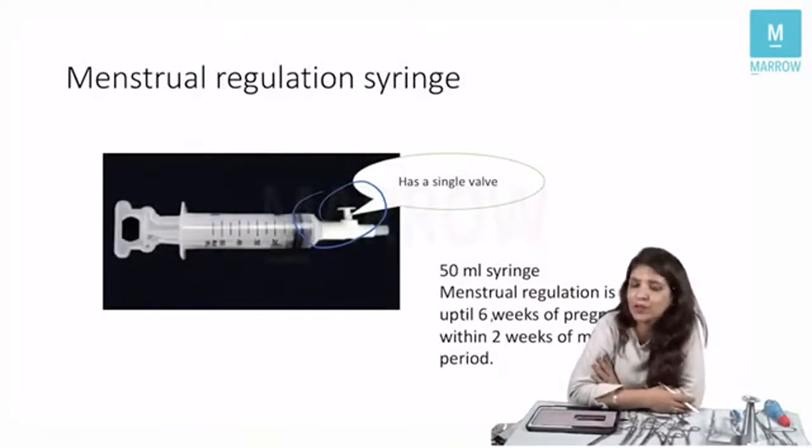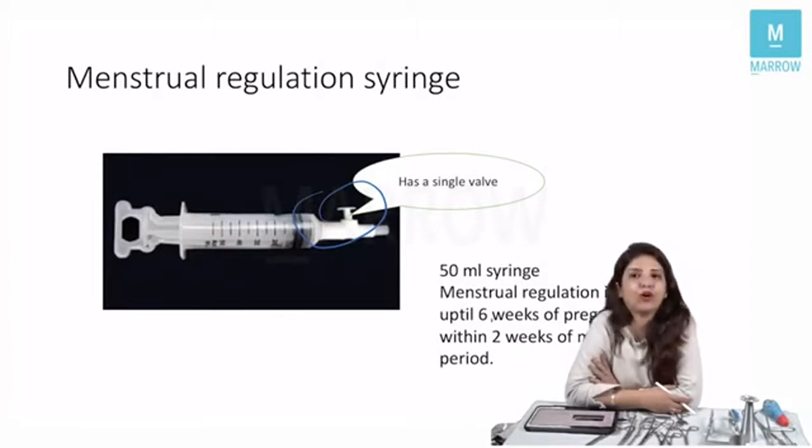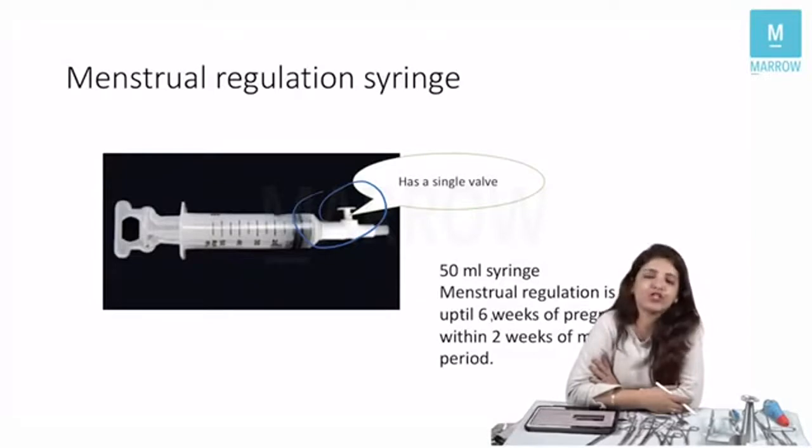Next important question: what is the capacity of this syringe? The capacity of this syringe is 50 ml. Of the manual vacuum aspiration syringe, the capacity was 60 ml. The last question which they can ask you here is, till what time can you do menstrual regulation as a method for MTP? Menstrual regulation can be done up till 6 weeks of pregnancy or 6 weeks of amenorrhea, or in other words, till 2 weeks after the missed period.